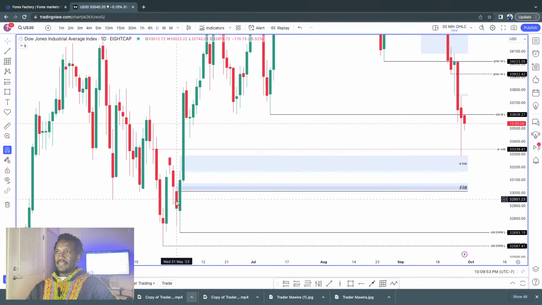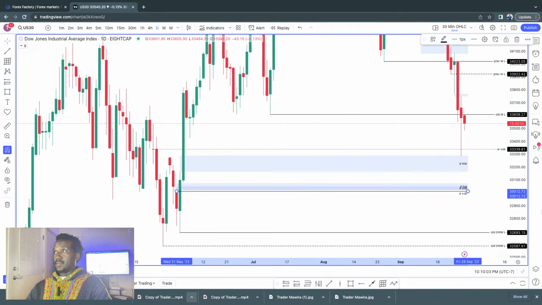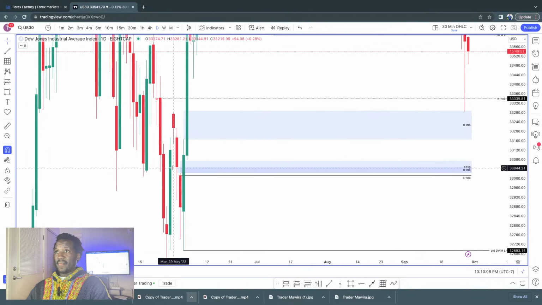See how the daily fair value, that's a daily order block, daily bullish order block, whatever I wanna call it, demand. You can call it whatever you wanna call it. It's all good. There's an imbalance right there. Do I call it an inverted imbalance?